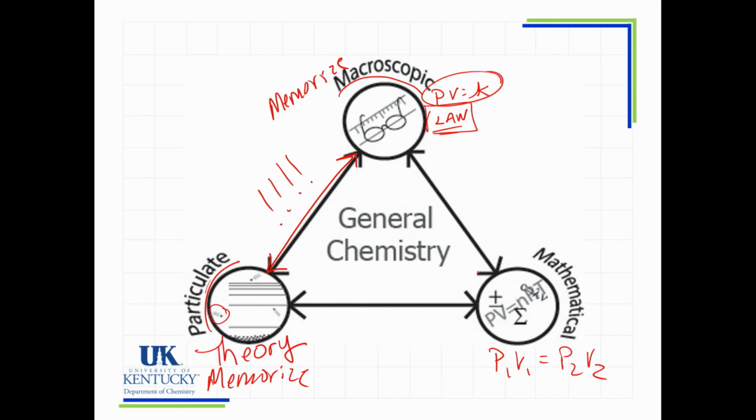I want you never to just memorize an equation without understanding the connection. So do you understand when you see that this is saying that as the pressure goes up, the volume has to go down? This is explaining mathematically, right here, what we observed with our eyes and observed with measurements that we made.